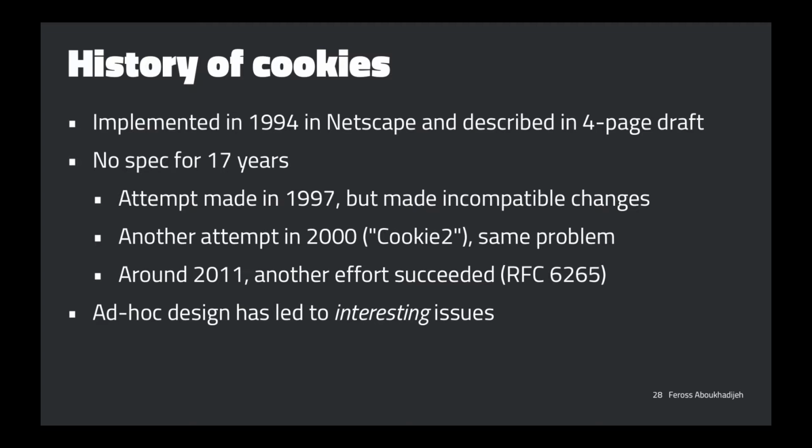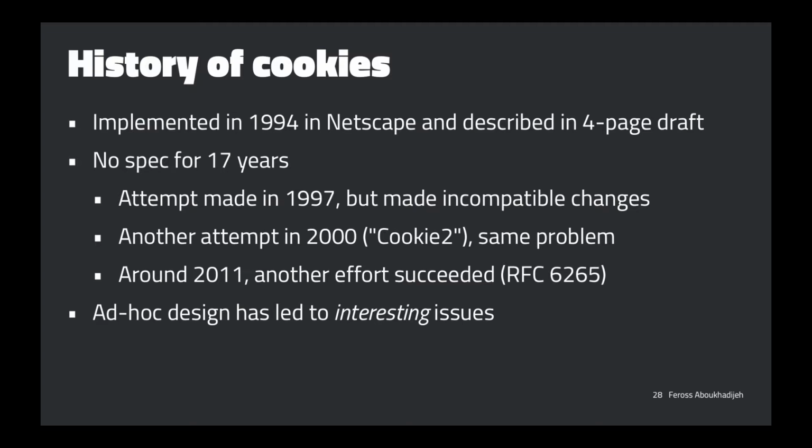Instead of just describing the existing behavior in the most popular browser of the time and trying to get all the browsers to do the same thing, they got a little over ambitious and said, well, what if we could also change all these other things and make it a lot nicer? What if we added this and we added that? Because of that, the spec wasn't describing reality, so it wasn't serving its purpose of trying to unify the behavior across all the different browsers. And so basically people ignored it.